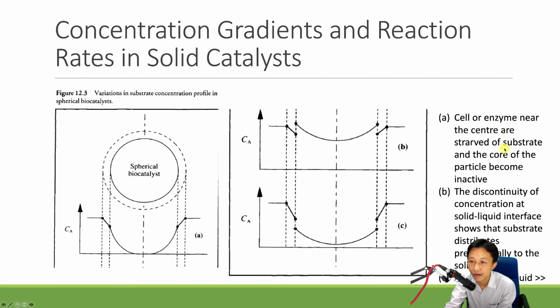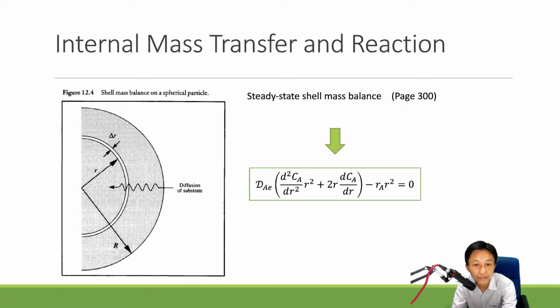The concentration has a discontinuity, a gap here, and then the concentration is attached to the solid-liquid interface, for example. Sometimes it connects, sometimes it doesn't. Some concentration gradients are different.